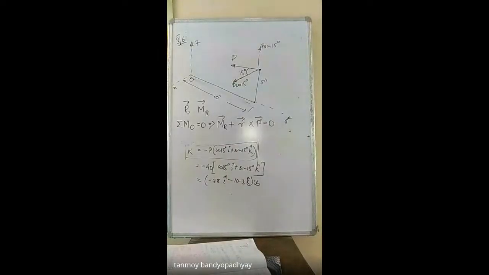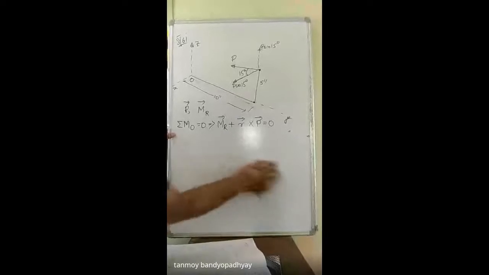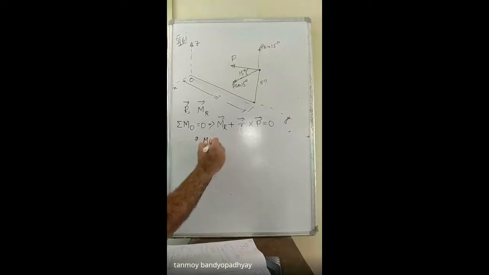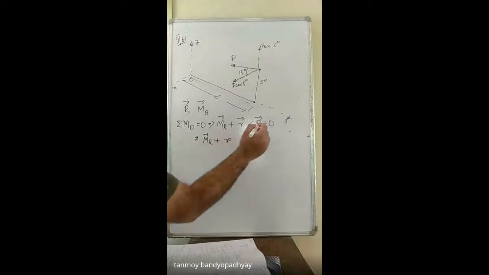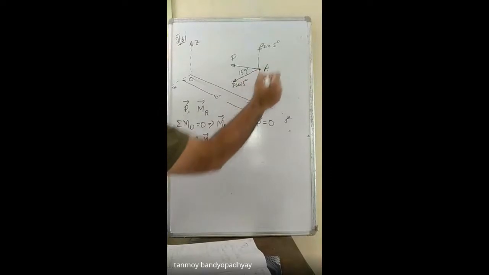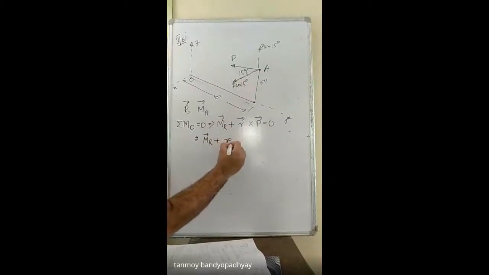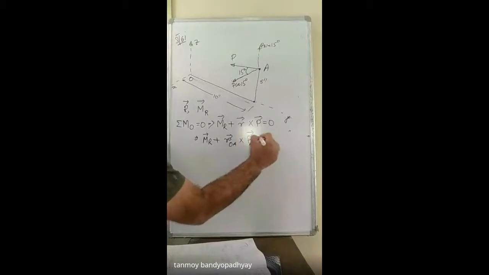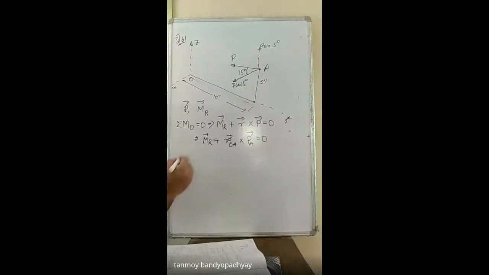Okay? Where is P acting? P is acting at the point they are calling A. So it should be vector M_R plus vector ROA cross vector PA equal to 0.